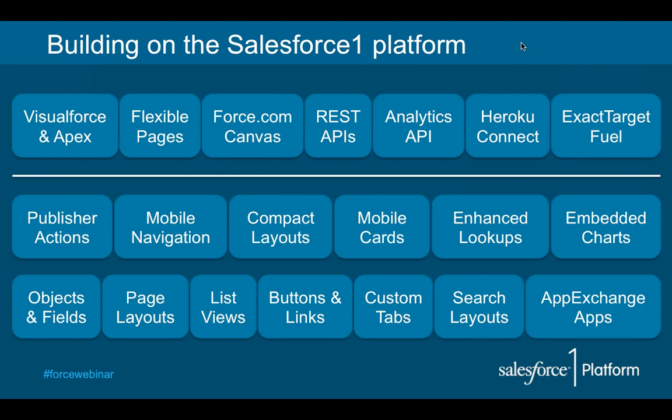But this is really to augment what already was available and to really make sure that you can declaratively add features to your mobile apps, that you can make the experience for your users better, and ultimately a better experience is better efficiency and more value to your company. So this is really the focus of today. How can you make what you already have even better, and how can you make it mobile?